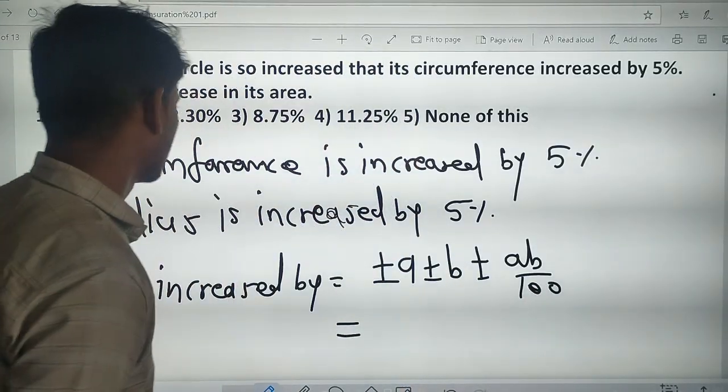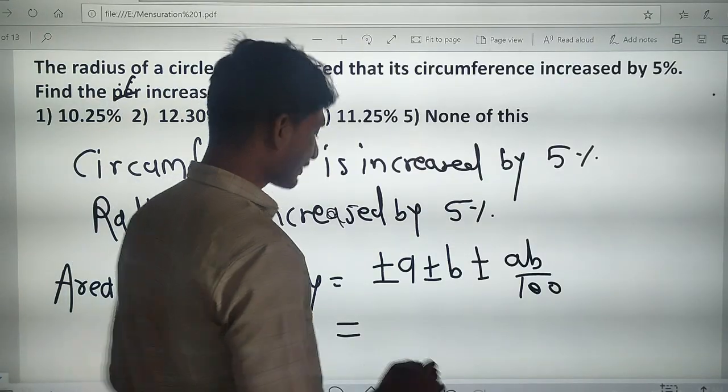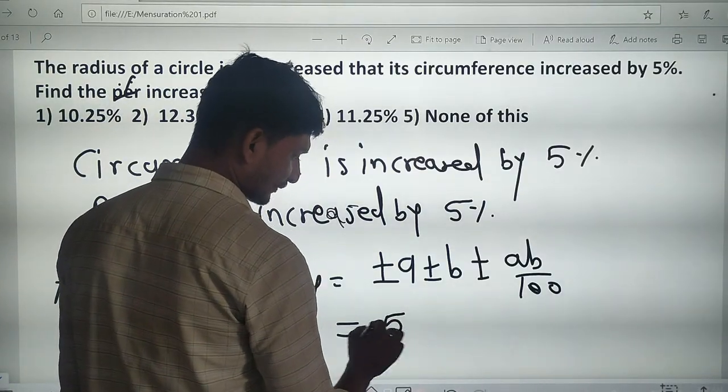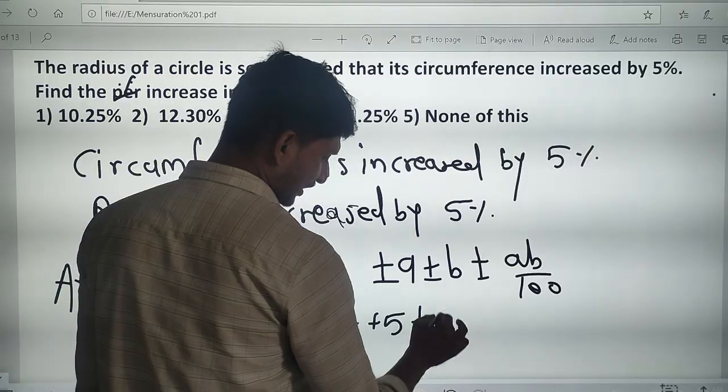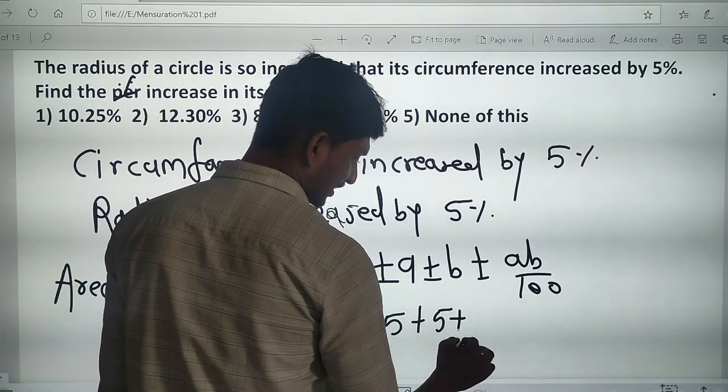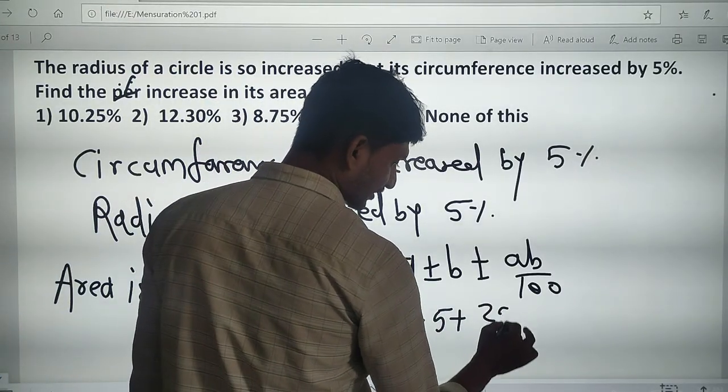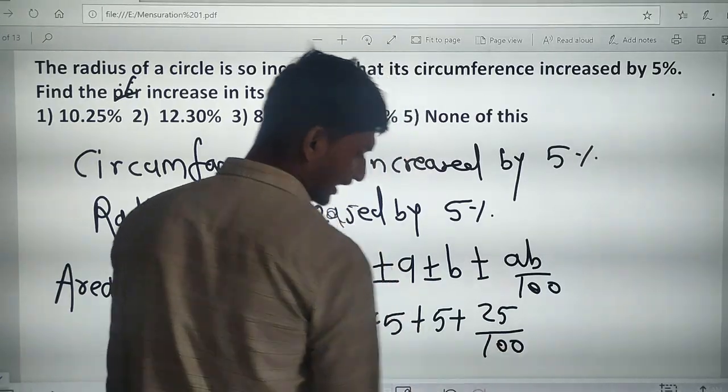Then your radius is increased by 5%. Then area is increased by, we take plus 5 into 5, 25 divided by 100.